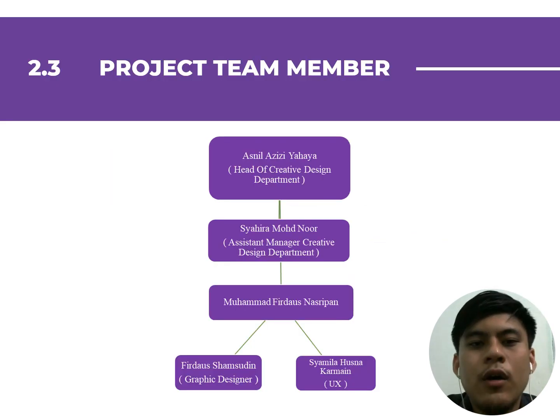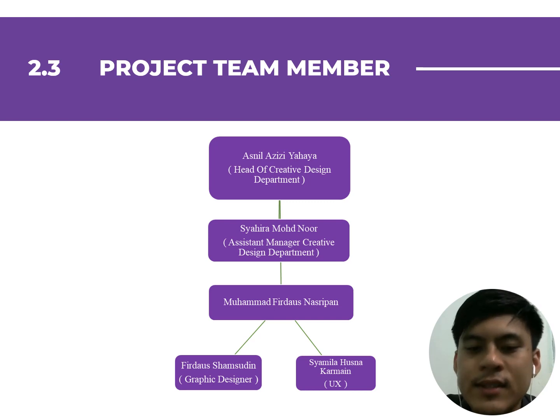Okay, this is the project team member. It starts with Astil Aziz Yahya as head of the creative design department, who gave this task to me, and Shahira Muhammad Noor as assistant manager of creative design, also helping Astil Aziz to give me guidelines for this project, and myself, Muhammad Firdaus Nasripan.